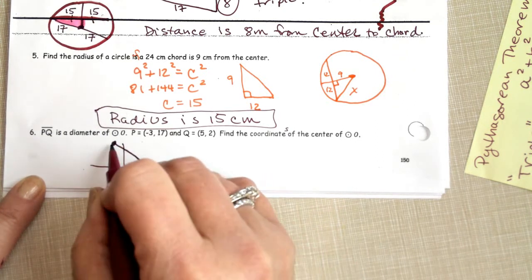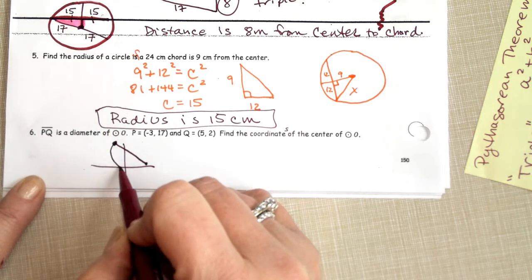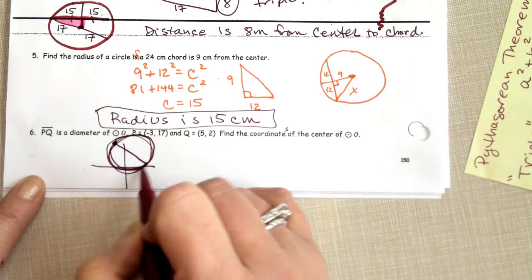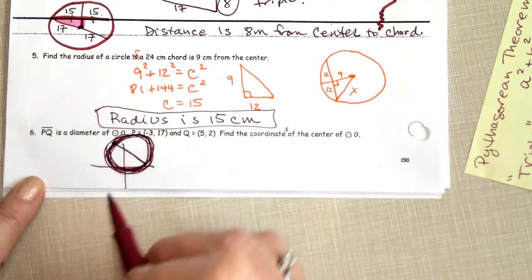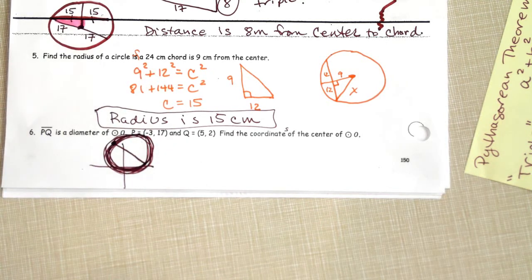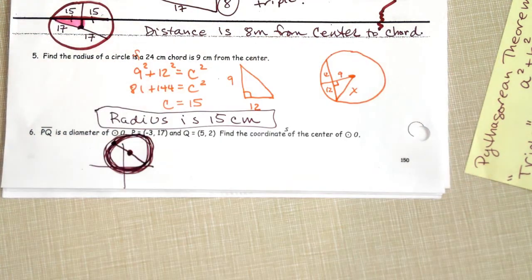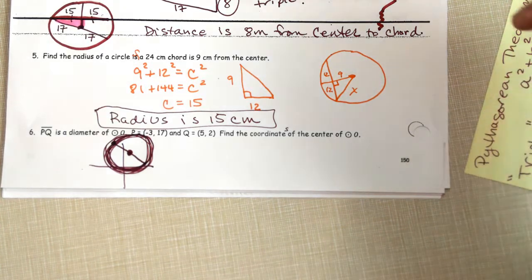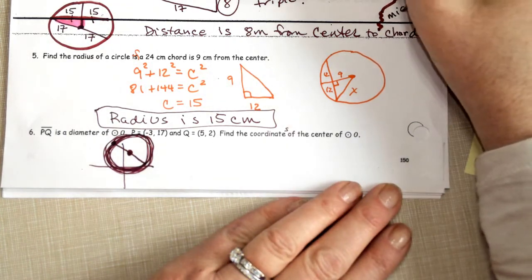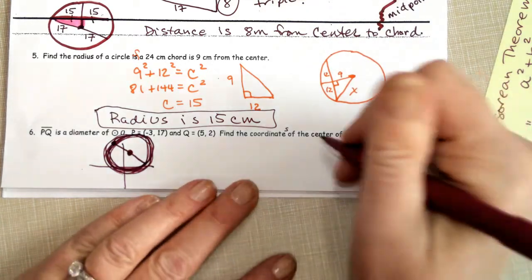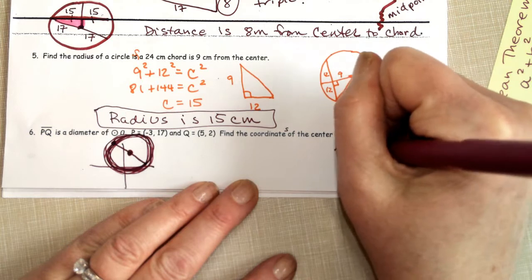So this is a diameter. So semicircle, semicircle. Oopsies, I did not make that even close to being cute. So anyways, the center is going to be right here in the middle somewhere. Okay, so that's what we're looking for. What I need to know is midpoint. So the midpoint is what we have to find.